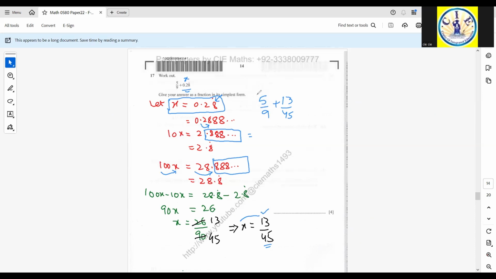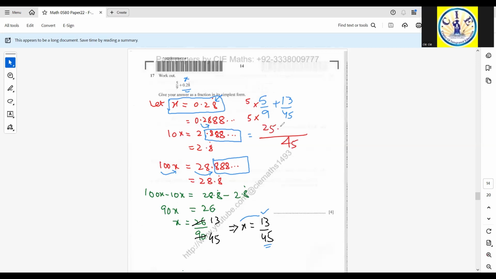Now I need to have their denominators made the same. So 9 fives are 45, so I do need to do it 45 here.